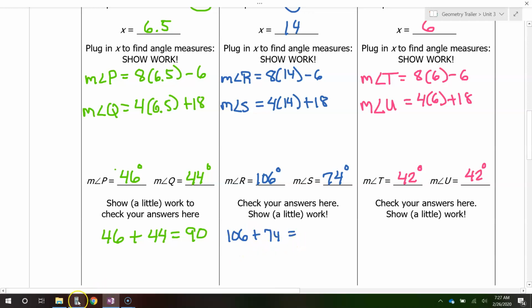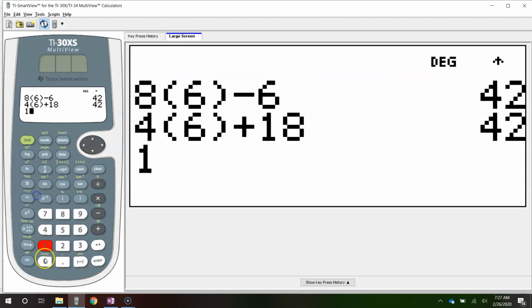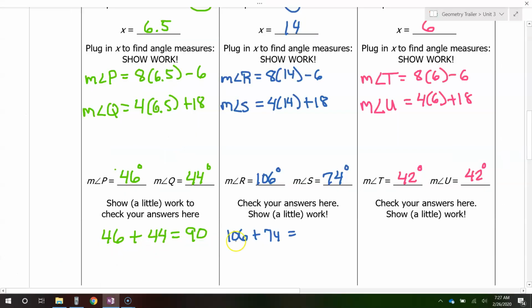All right, we can see that they do, but if somehow you were unable to see that, you might plug it into your calculator, I guess. I really hope you can see it without a calculator. But anyway, there's my little tiny bit of work showing that I'm checking my answer. All right, they in fact do add up to 180.